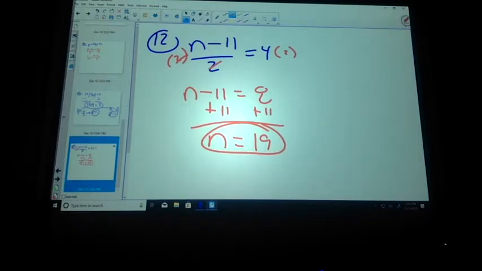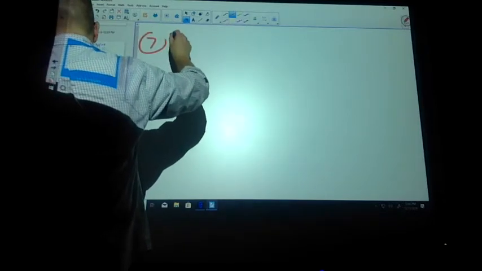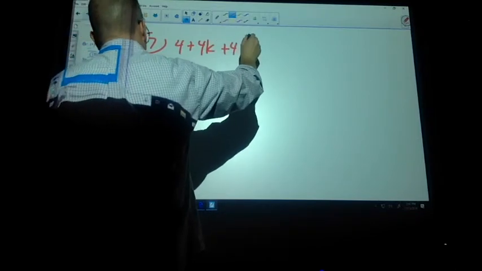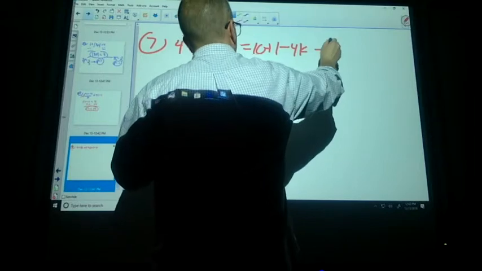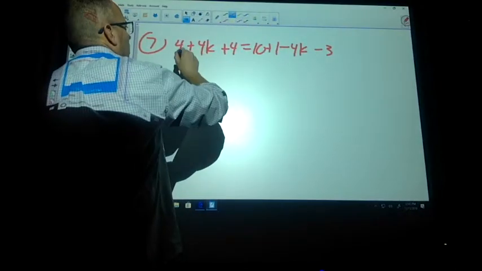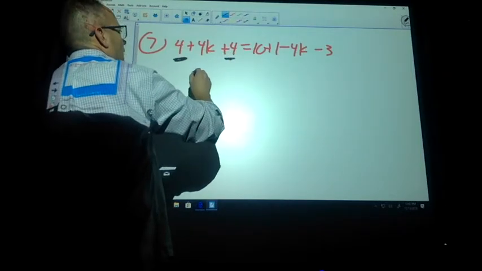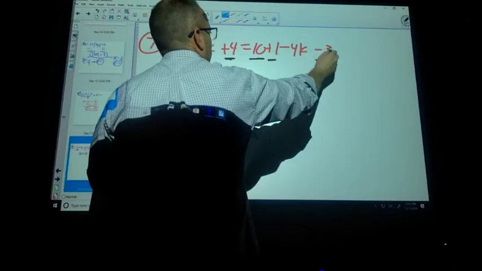Number 7. All right, so let's combine like terms. So I have this on the same side. Then I have this and this on the same side.